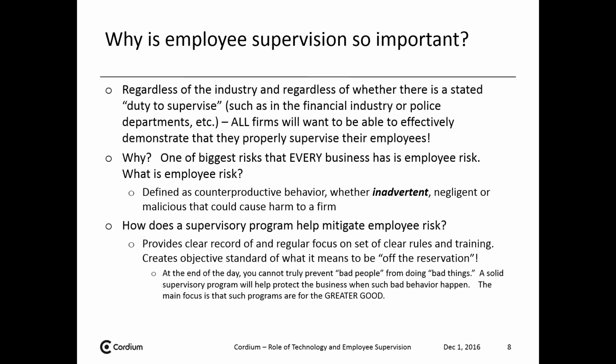So really what you want to do in developing a program, regardless of what your industry is, is make it clear to regulators as applicable to your business, to shareholders and the outside world, that the employee in question that did something that was arguably off the reservation was, for lack of a better term and using a simplistic label, a bad person who knowingly operated outside accepted boundaries.